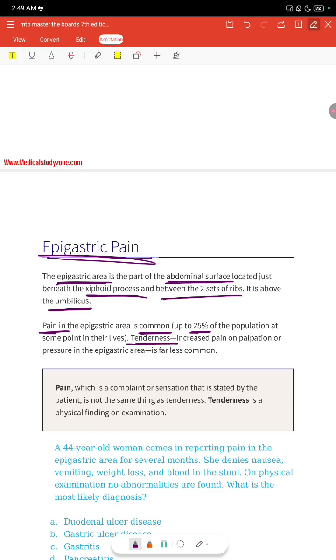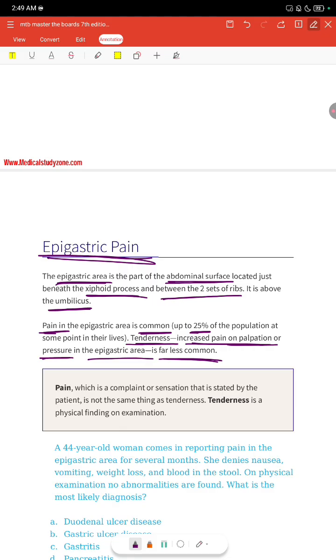Tenderness. What is tenderness? It is far less common, but what is it? It is basically an increased pain on palpation or pressure in the epigastric area. So when you palpate or put some pressure on the epigastric area and it causes an increase in the pain, it means that there is tenderness in that area.